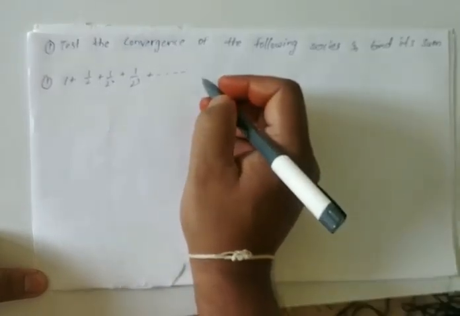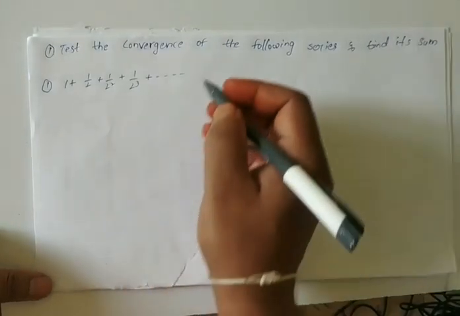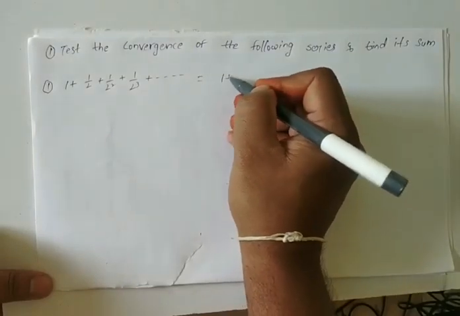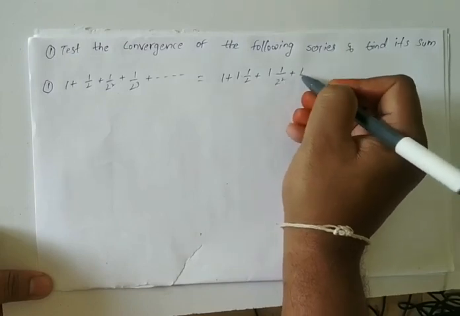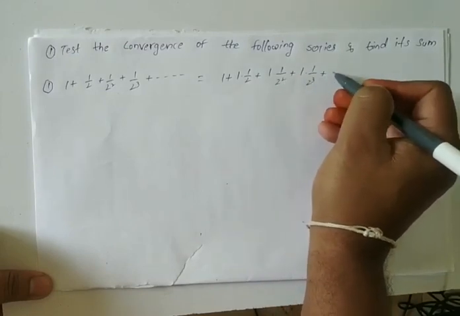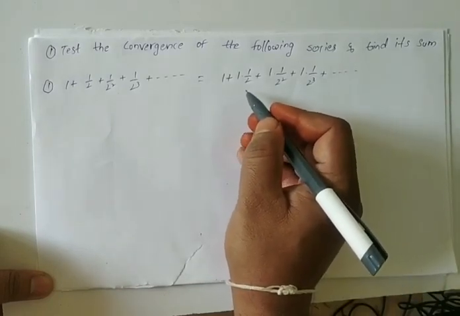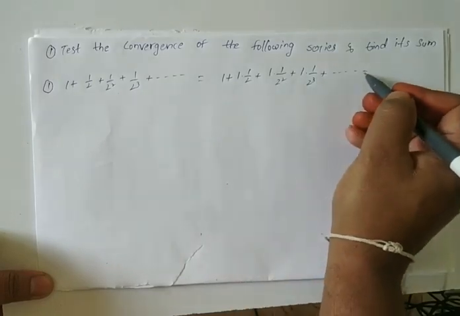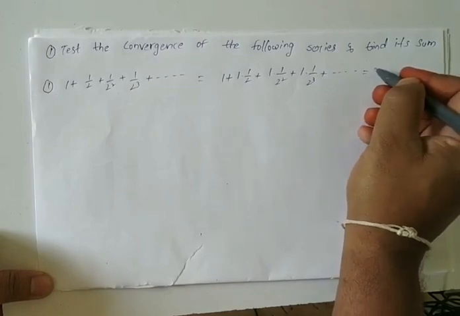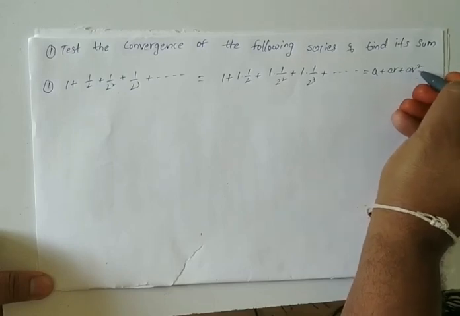Okay, now let us see whether this series is convergent or divergent. So here this series can be written as 1 plus 1 into 1 by 2 plus 1 into 1 by 2 square plus 1 into 1 by 2 cube plus so on. If you observe, this series is in the form of a plus ar plus ar square plus so on.